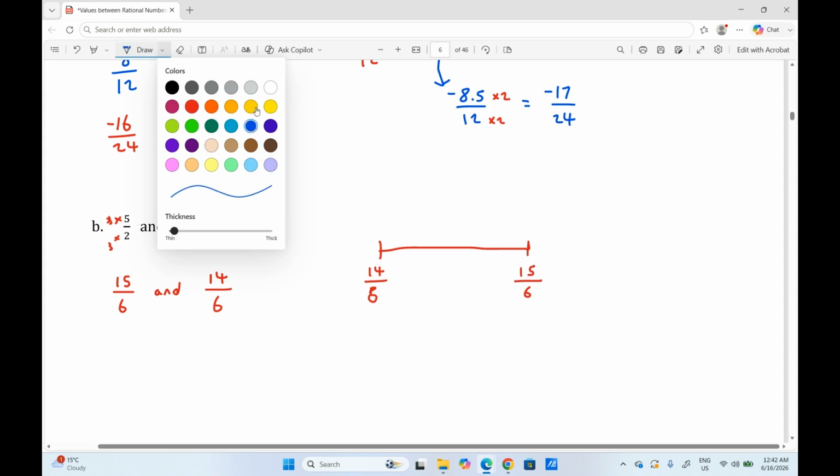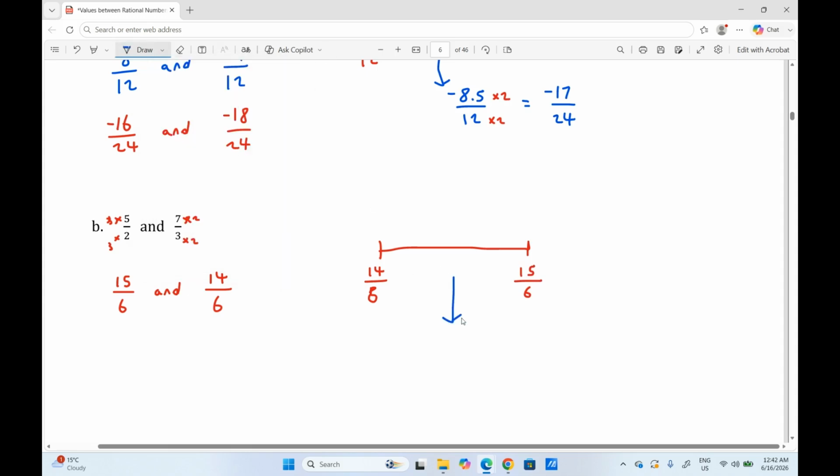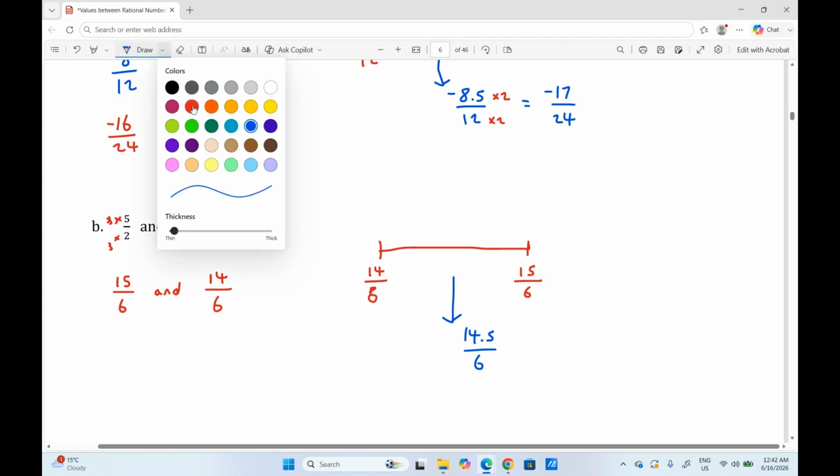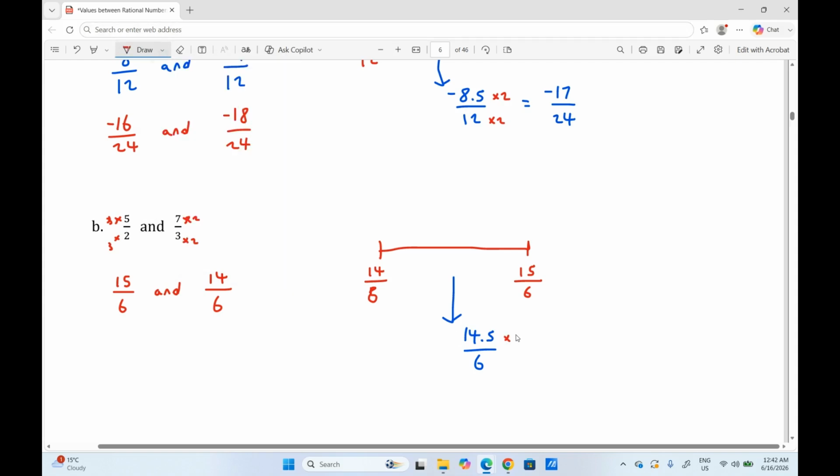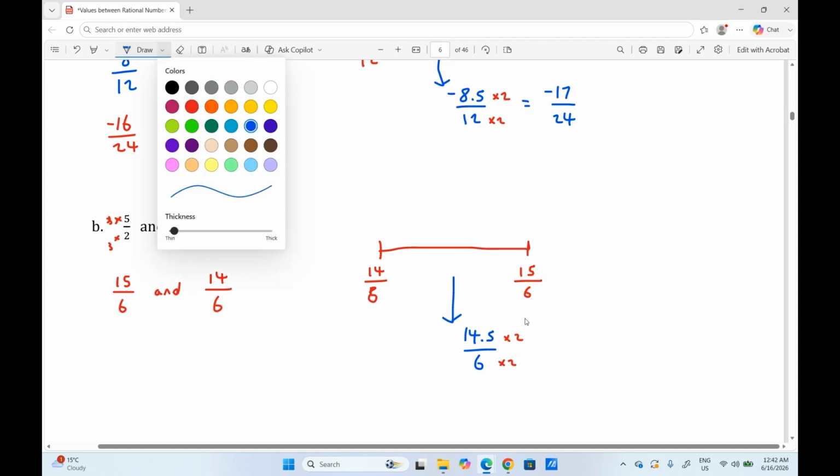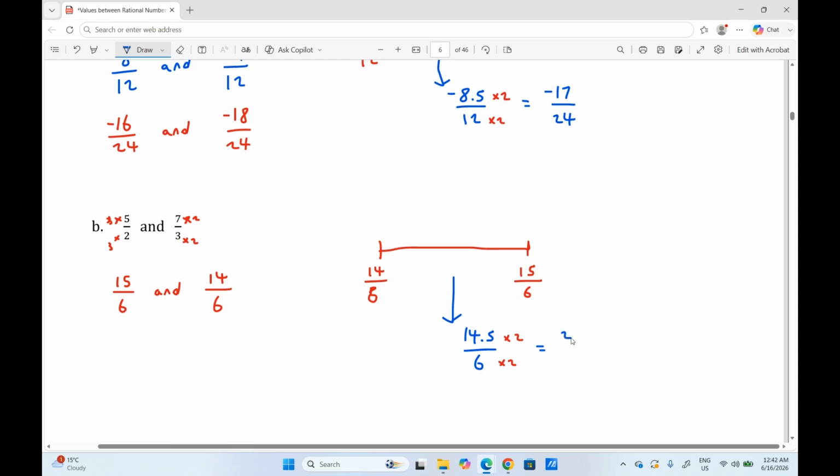And a number that could be between these two fractions, a fraction that would work, could be 14.5 out of 6, but we've been over this. I can't have a decimal for a fraction, so now I have to multiply the top number by 2. If I do that, I multiply the bottom number by 2. That now gets me 29 divided by 12.